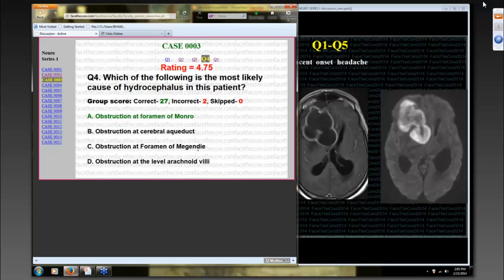And of course, the foramen of Magendie is a fourth ventricular structure, so obviously we are not dealing with that. We are talking about a supratentorial lesion. So the right answer in this case will be the foramen of Monro as the site of obstruction in this case of cerebral abscess with hydrocephalus.